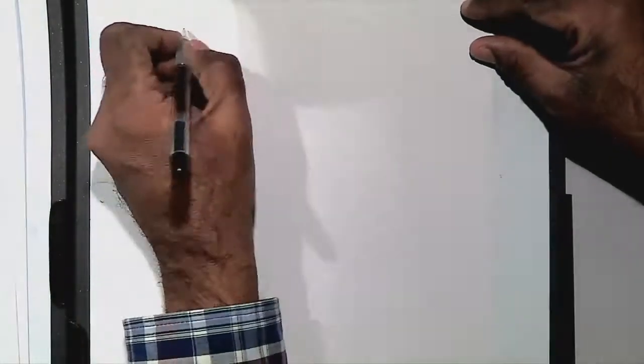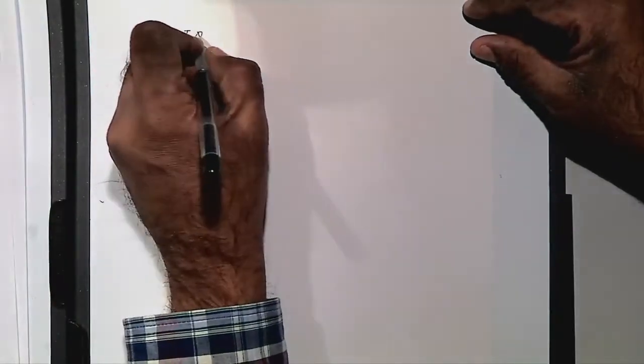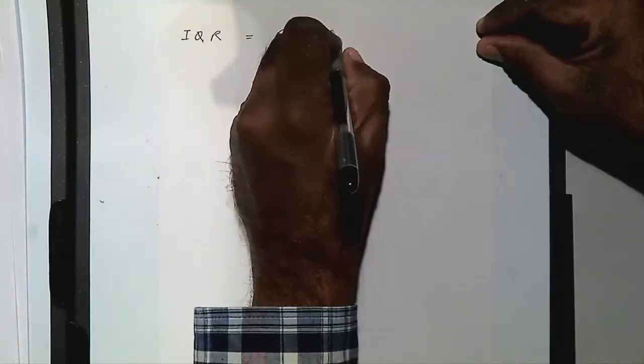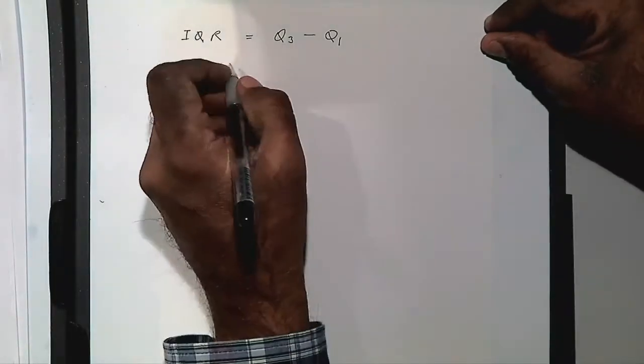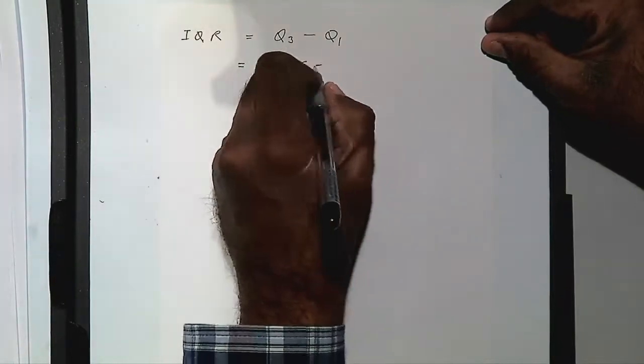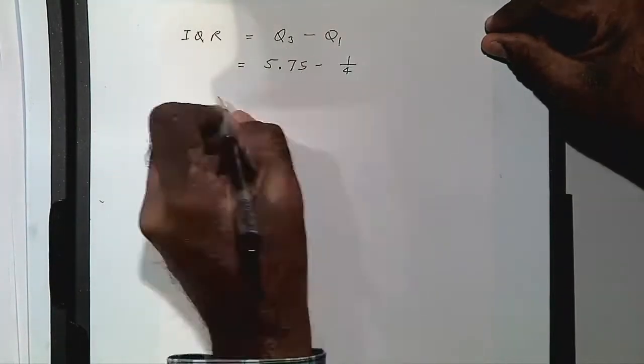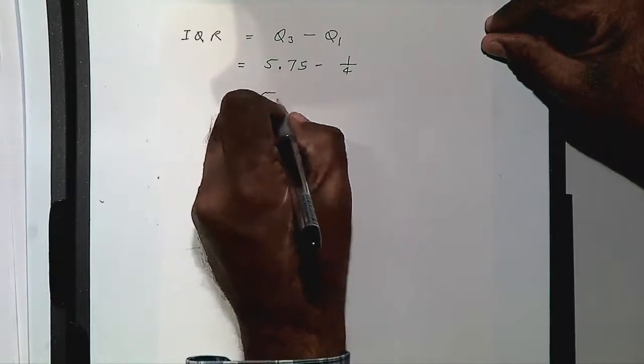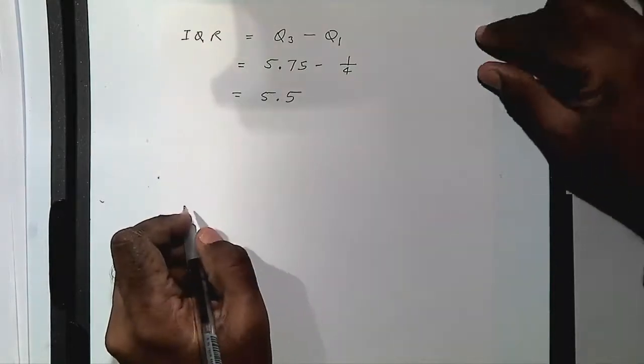Right, then the next summary statistic is the IQR. The IQR is the difference between Q3 and Q1, which is 5.75 minus a quarter, so which is 5.5. Okay?